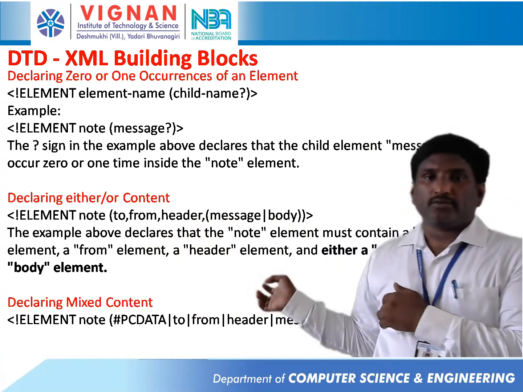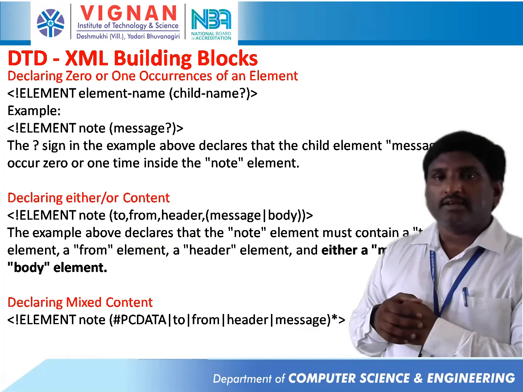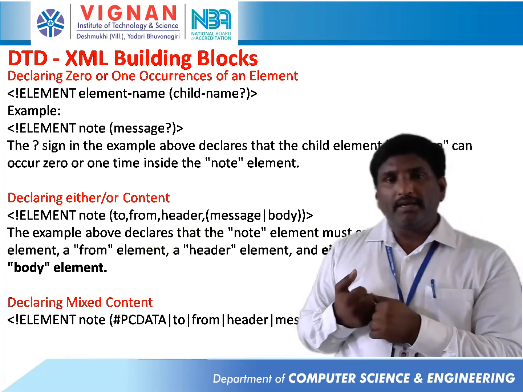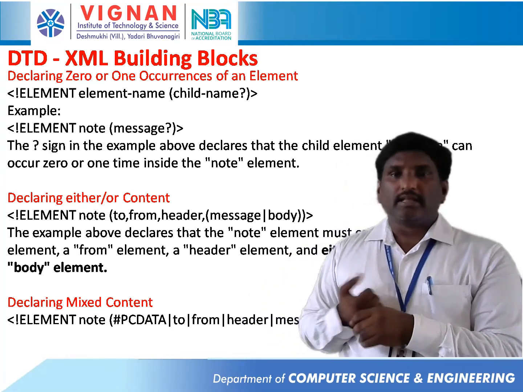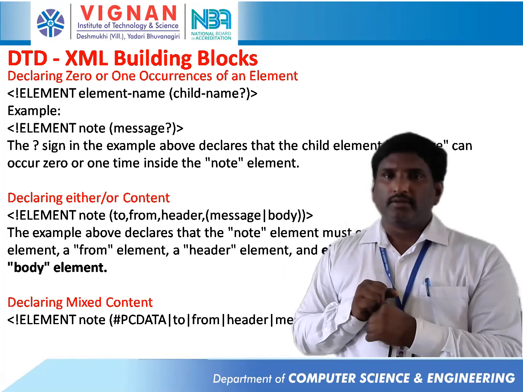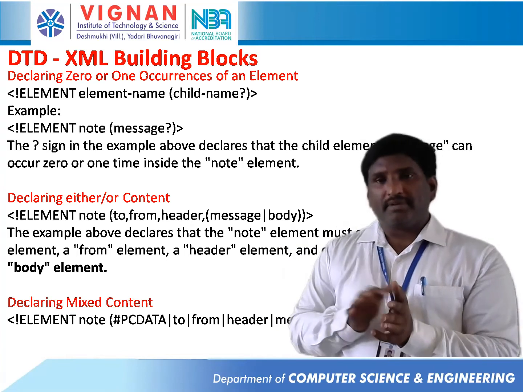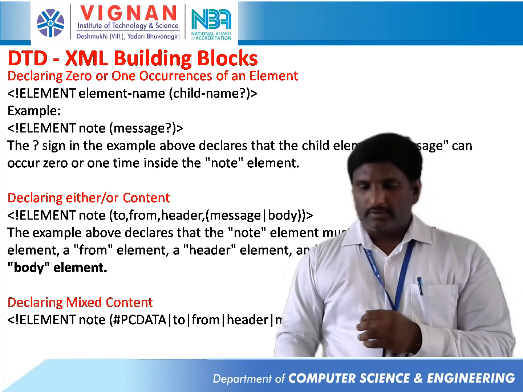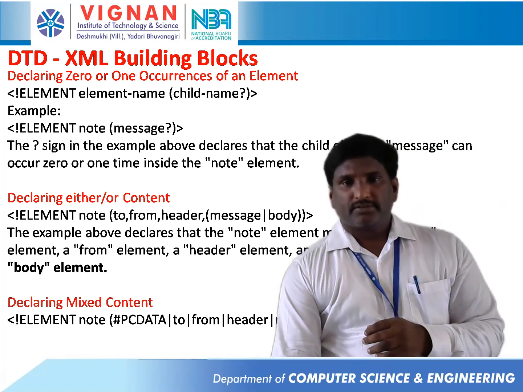So mixed content, with star meaning 0 or more occurrences. Based on the requirement, we specify in the XML DTD the occurrence of elements, as well as what type of data will be used.